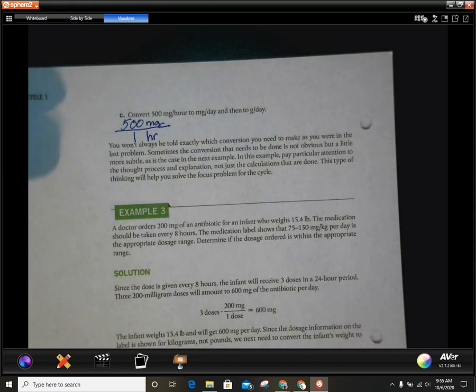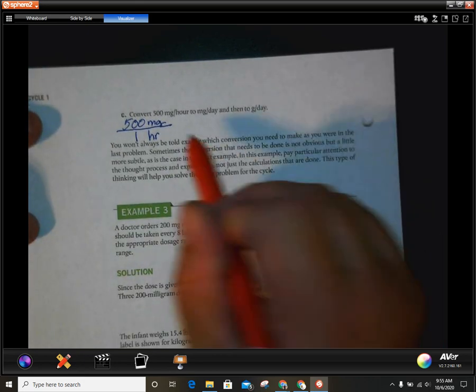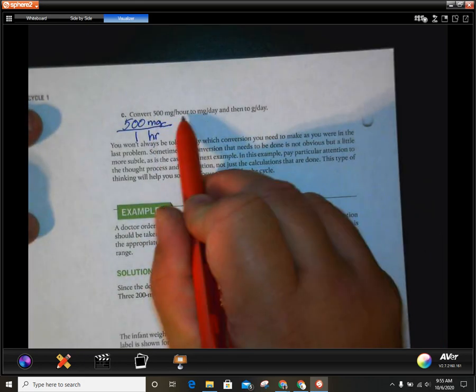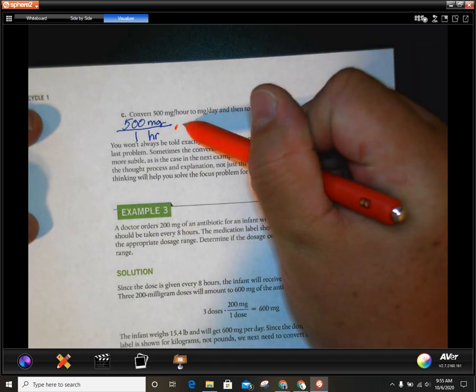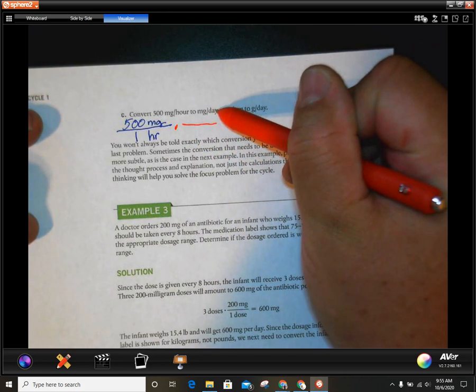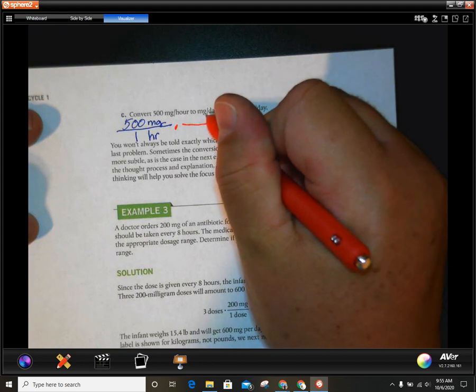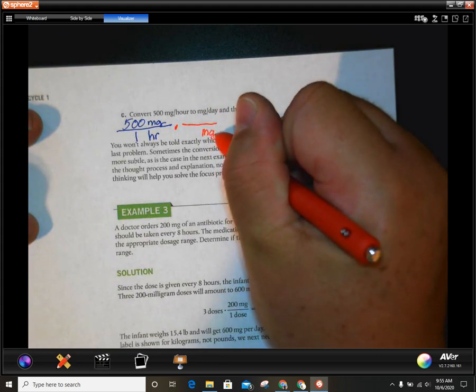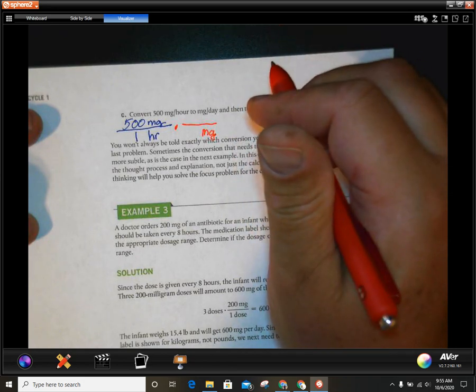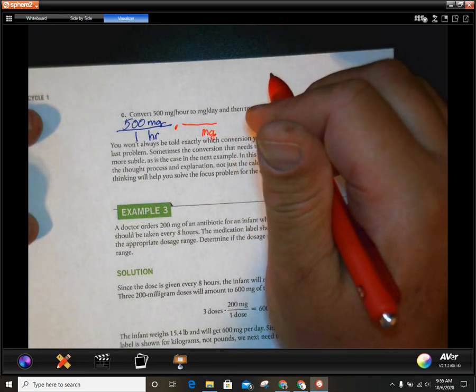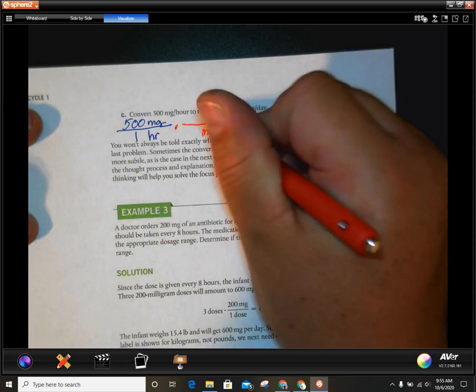And it says, well, this time we don't have a choice. They're telling us what to convert it to. The next fraction here, milligrams per day. Again, be careful here. We want our milligrams today.